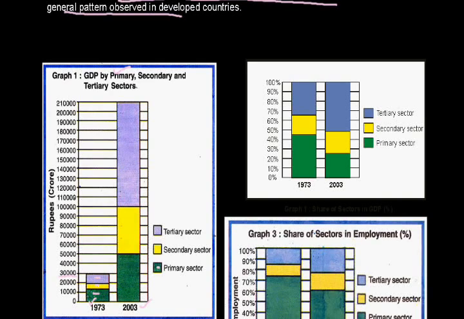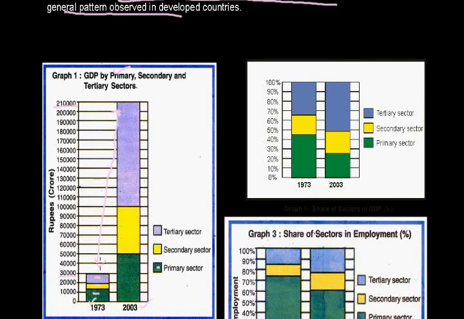But in 2003, when the results of globalization had started coming, you can see a major rise in the contribution to GDP. Earlier it was 30,000, and now it was somewhere around 2,10,000 crore rupees.